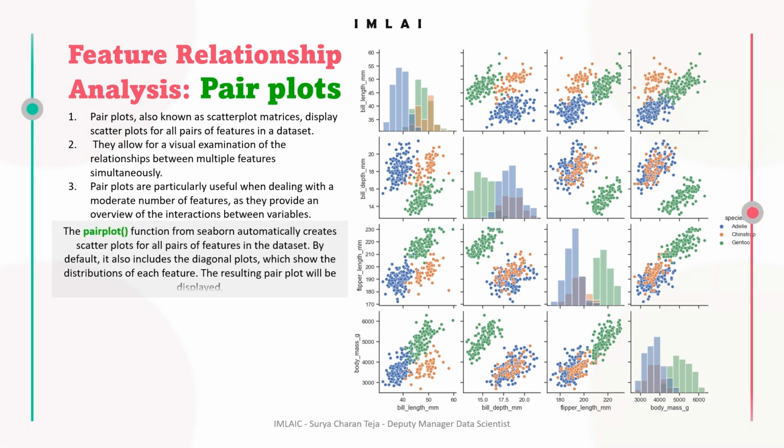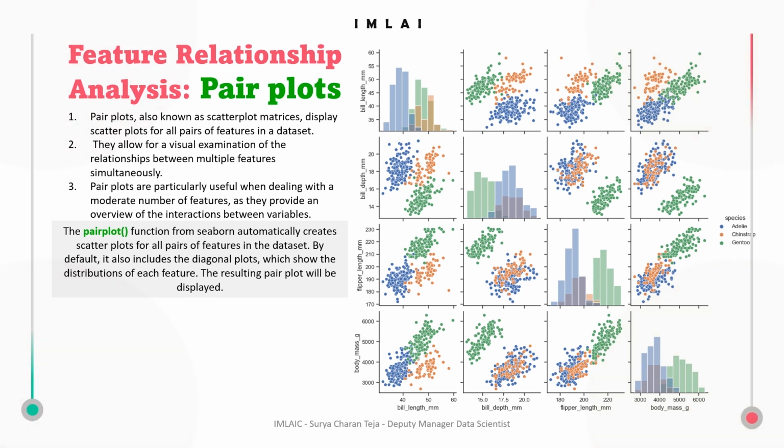The pair plot function from Seaborn automatically creates scatter plots for all pairs of features in the dataset.